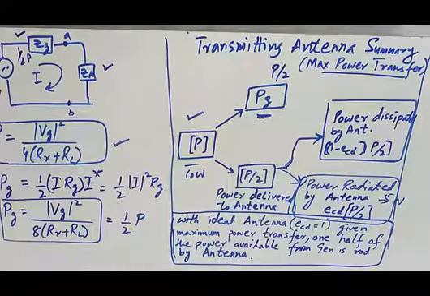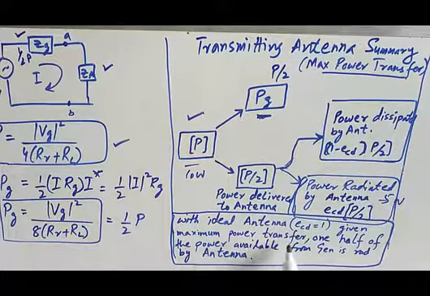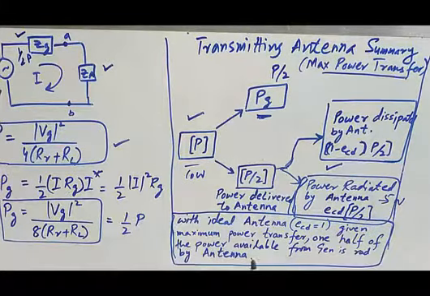So I hope it is now very clear that with an ideal antenna where ecd is equal to 1, given the maximum power transfer condition, 1/2 of the power available from the generator is only radiated by the antenna, as we discussed over here.